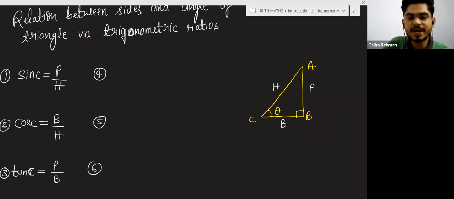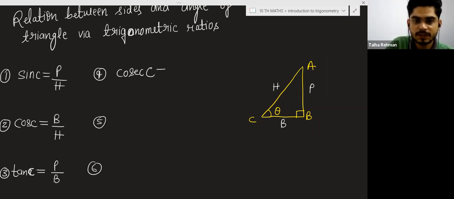If we want to find cosec C, then you will write 1 upon sin C, which means the reverse of this.